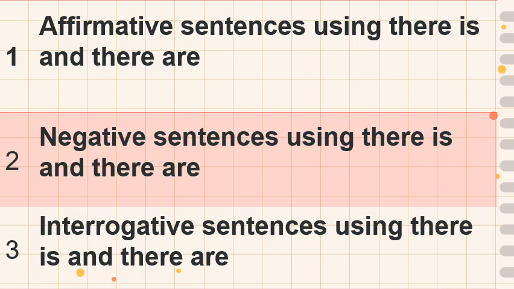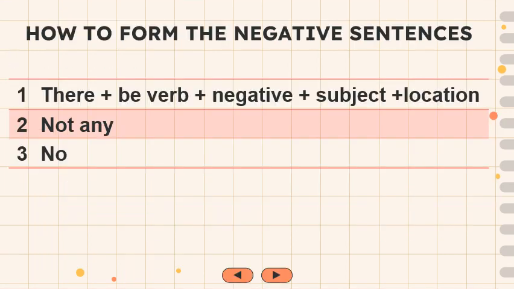Point number 2. Now we are going to learn how to make negative sentences using there is and there are. There are 3 ways to form the negative sentences. We can use there plus be verb plus negative plus subject plus location.